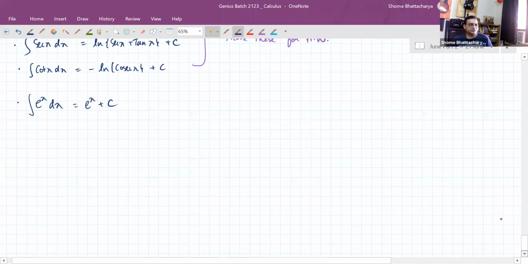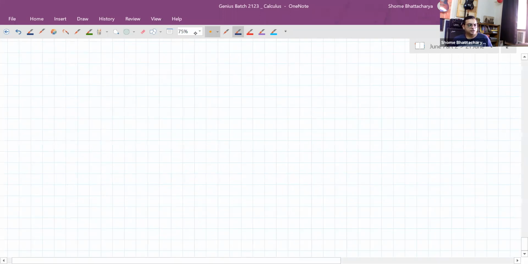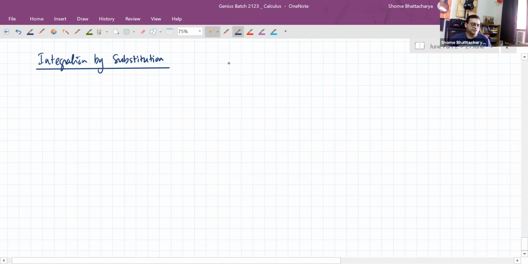Okay, so now we move on to the next level of integration, which is integration by substitution. Now, this in itself is a very wide and complicated subject in mathematics, but over here for our physics purpose, we will look at some basic formats of integration by substitution.